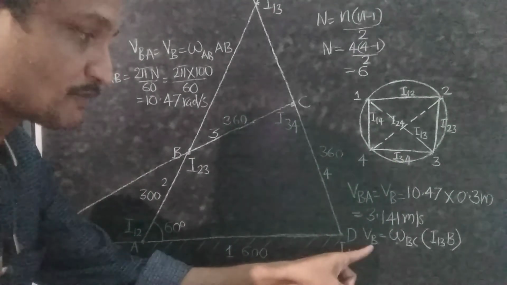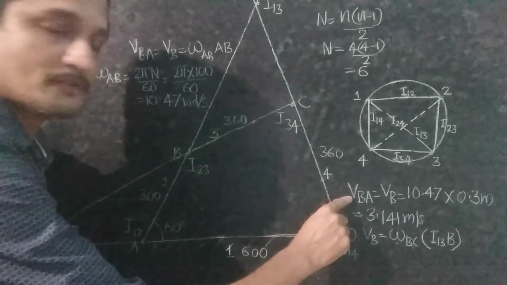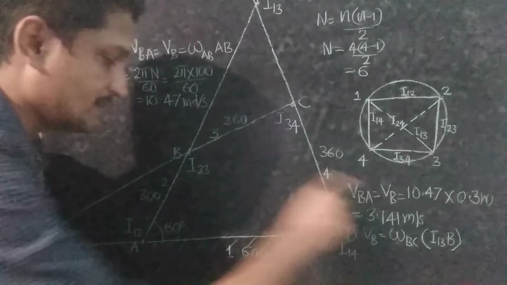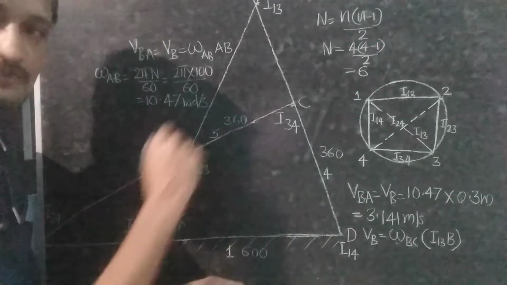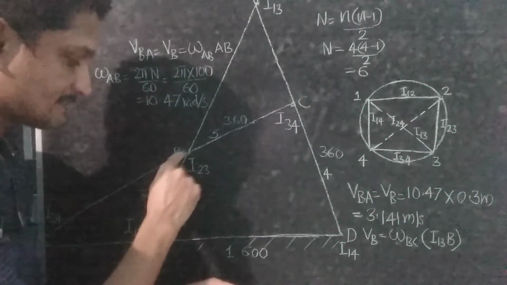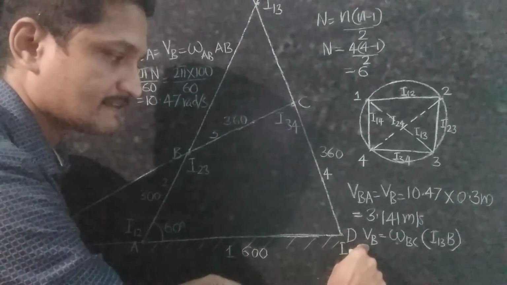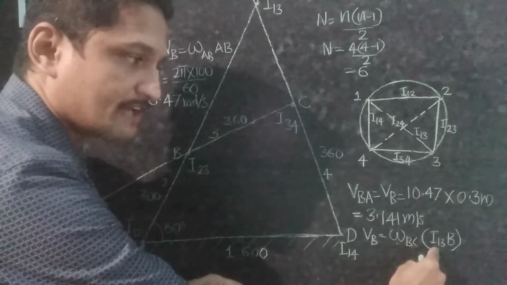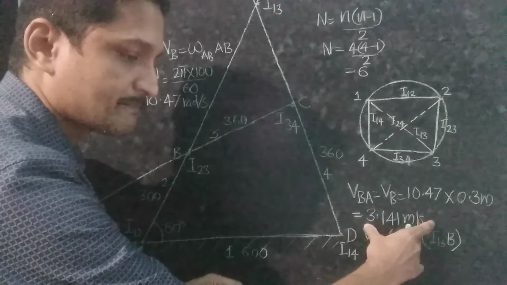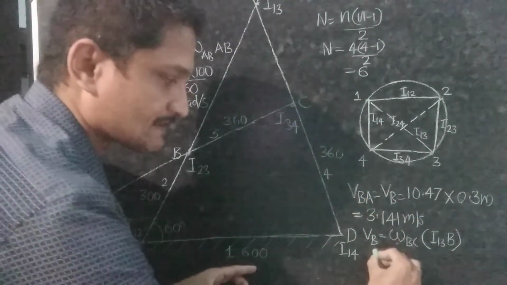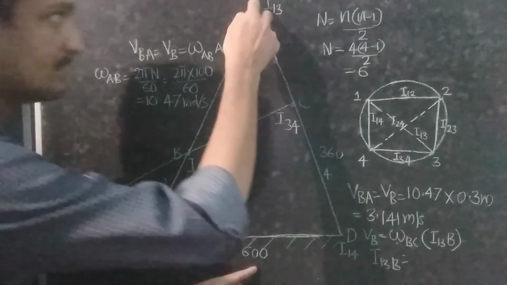Then this velocity must be the same as the previous velocity, because point B is a part of link 2 and link 3 also. So the velocity of B is equal to omega BC into I13B, and that must be equal to the earlier one.